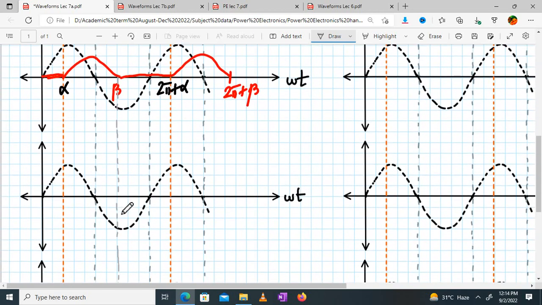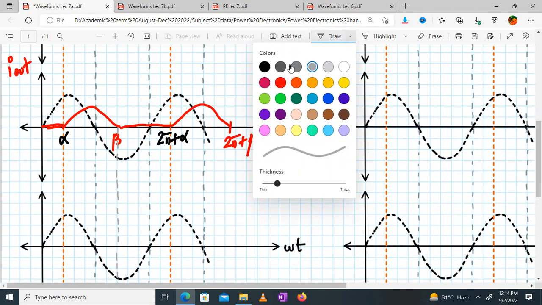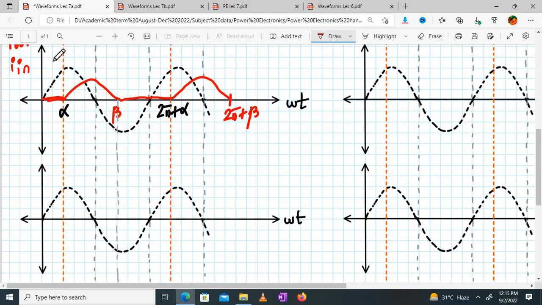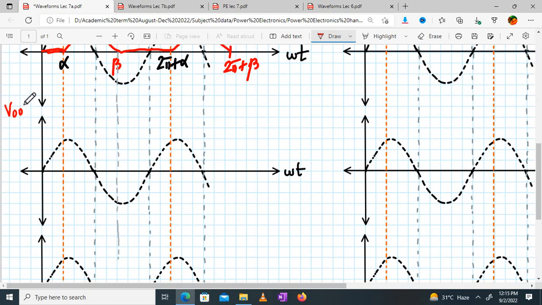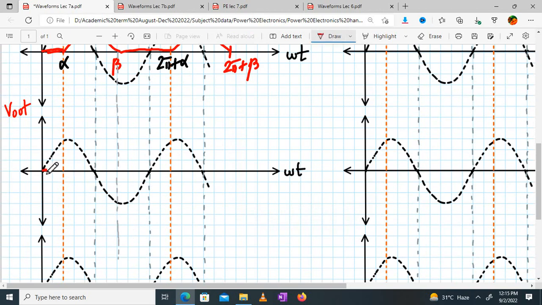Okay, fine. Now this was the input, output current, load current, right? And in case of RL load, this was the same as your input current. So input and output current are the same in this case. Now let's plot the output voltage. We have already done that. I am just repeating this once again. It goes from here to here. Then it follows the input up till where? Up till here. Right?